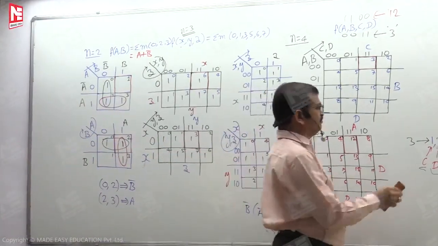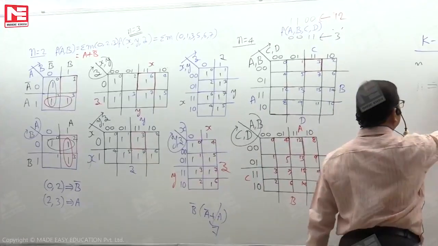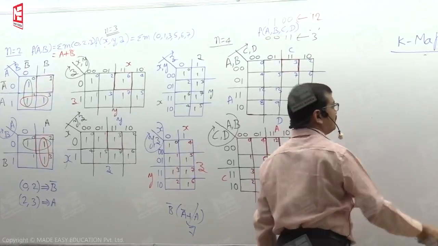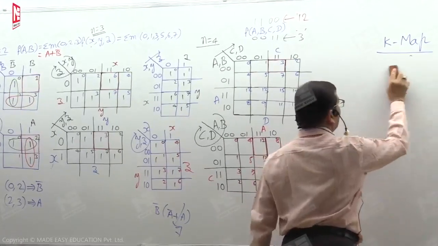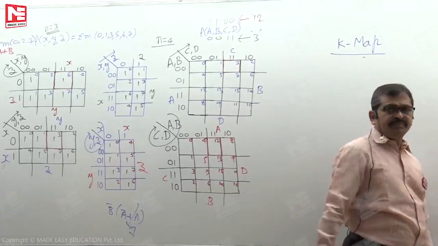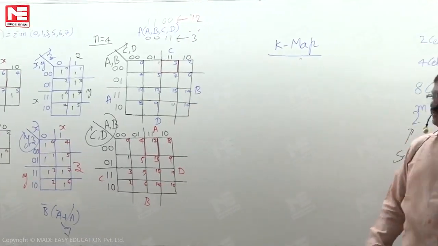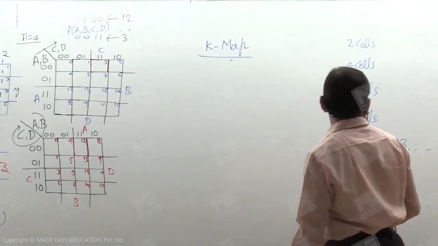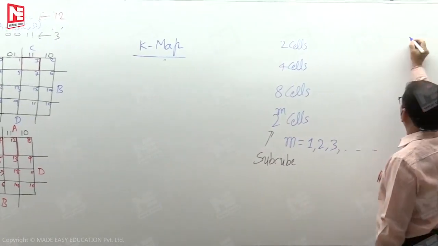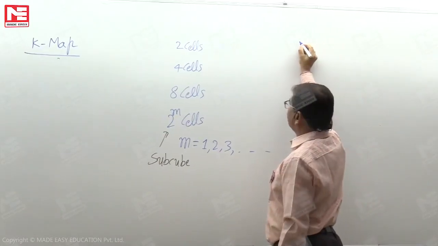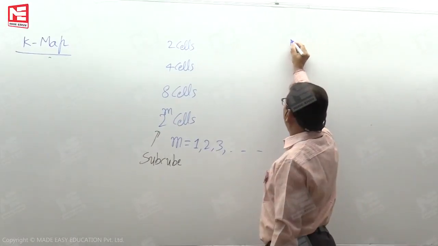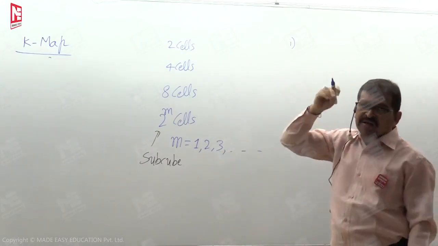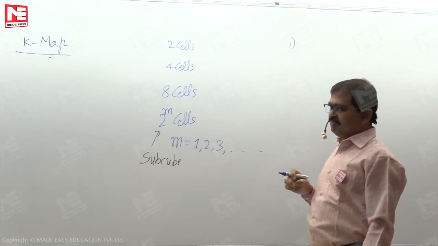Let me discuss a few important points. Listen well. When we are marking, when we are trying to identify the subcubes, we need to start the identification of subcubes with this step.